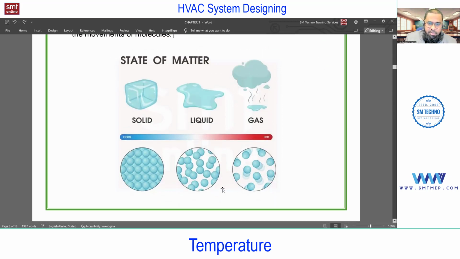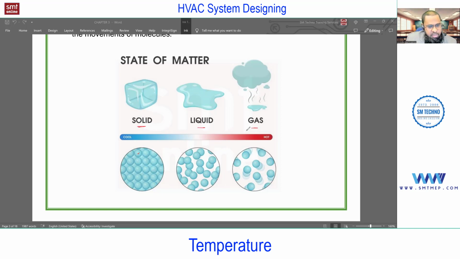You see with this picture, everyone is aware of this: solid, liquid, and gases. And you know in solid, the molecules are closely packed, na? In liquid, somewhat loose, and in gases, further. With this, you can try to understand the nature of temperature. Solid means I'm talking about ice, liquid is water, and gas is vapor.